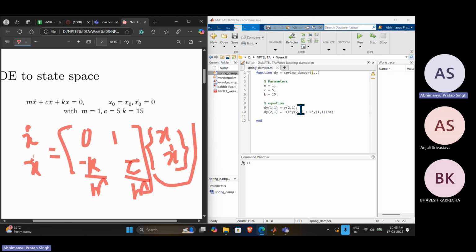So dy1 is y2, and dy2 is minus c by m x dot, so this part, and minus k by m x, so that is this part, and I'm dividing this whole by m. Okay, so any doubt in this? This is simple. I've converted this equation to a matrix form, and then I have written that matrix over here.